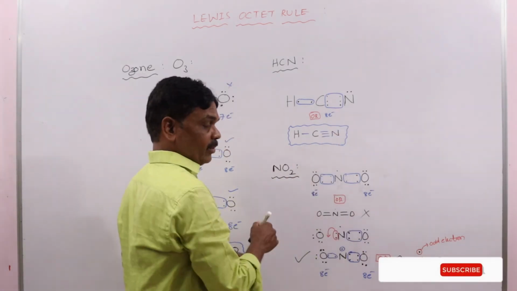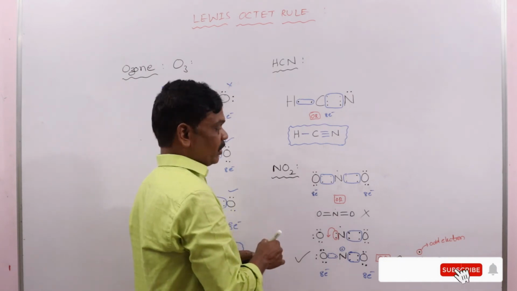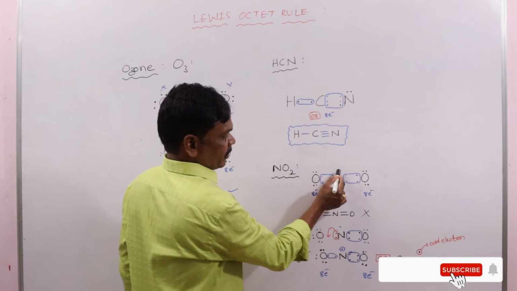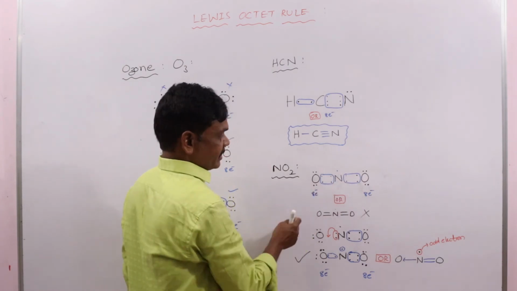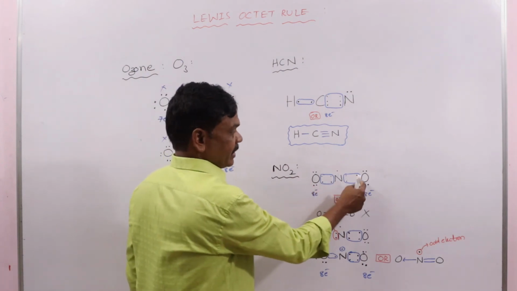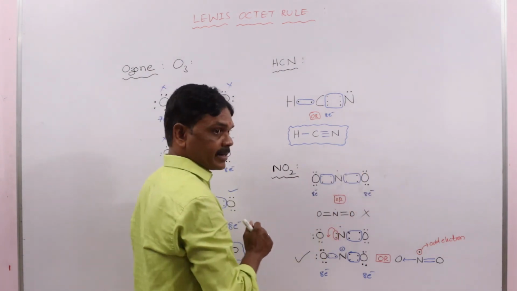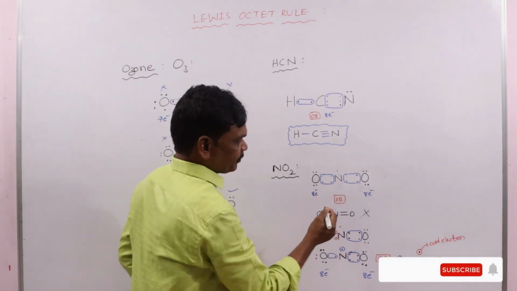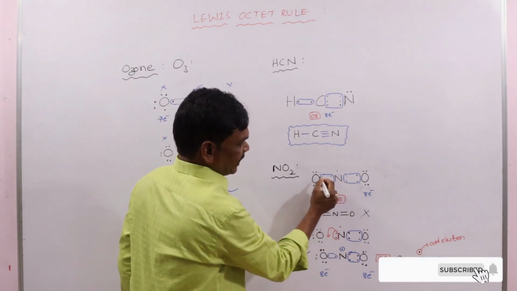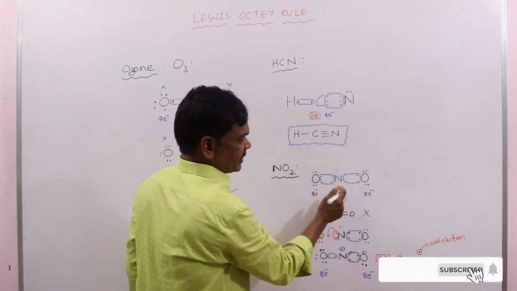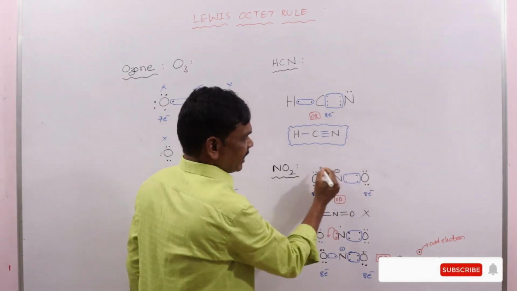In the NO2 molecule, nitrogen belongs to the fifth group, 1, 2, 3, 4, 5 electrons, and oxygen has 1, 2, 3, 4, 5, 6. Here also the same, 6 electrons. In the formation of NO2, nitrogen shares 2 electrons with the first oxygen and 2 electrons with the second oxygen, and one odd electron is also present.